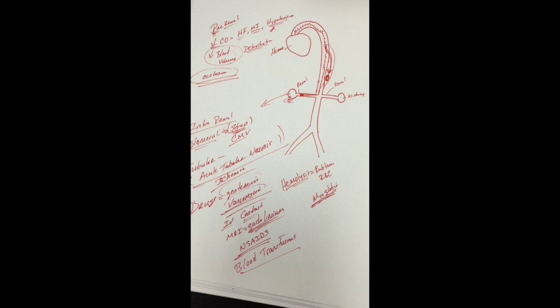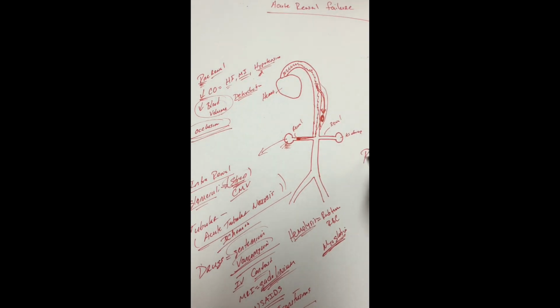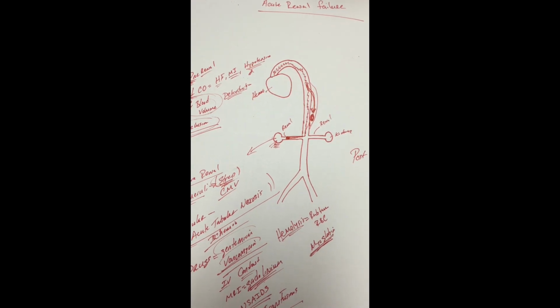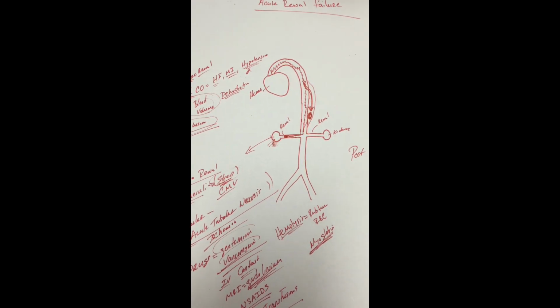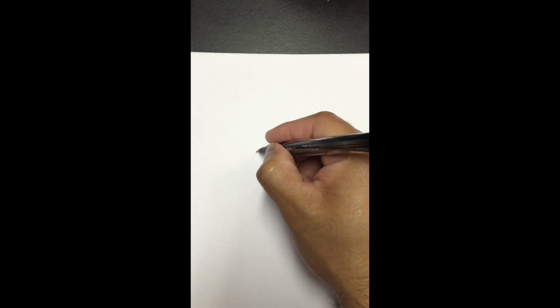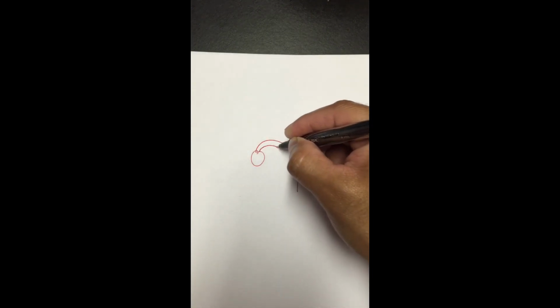So we've talked about prerenal, the cause being before; intrarenal, the cause being inside of the kidneys. Now we must focus on postrenal. So let's draw another picture here. So we talked about our heart. We have our aorta.